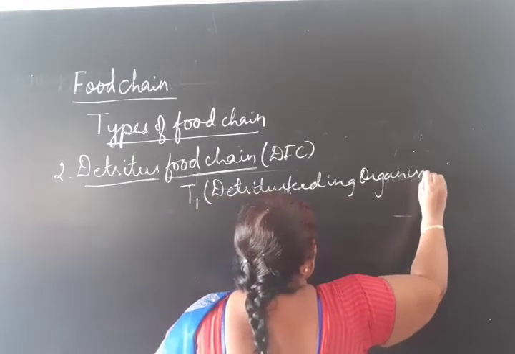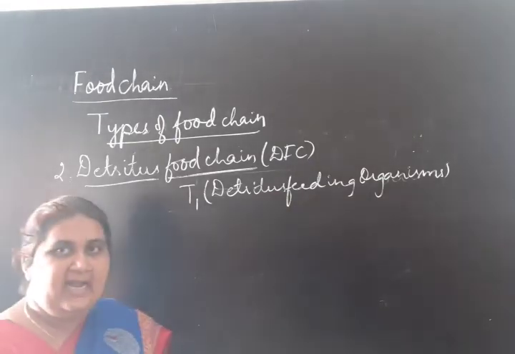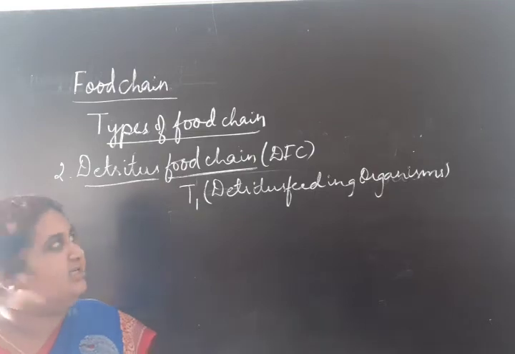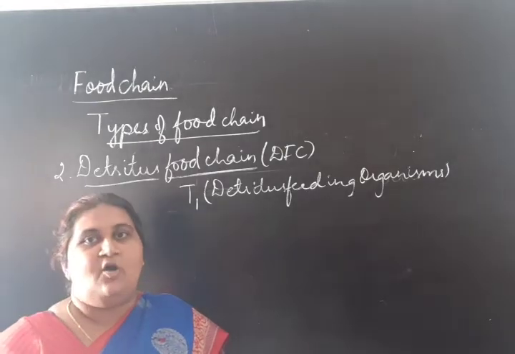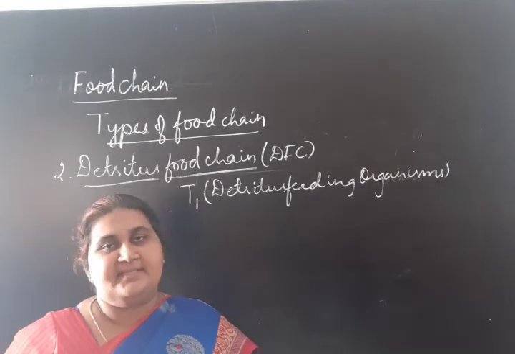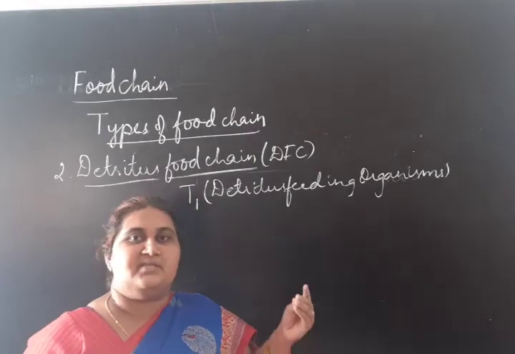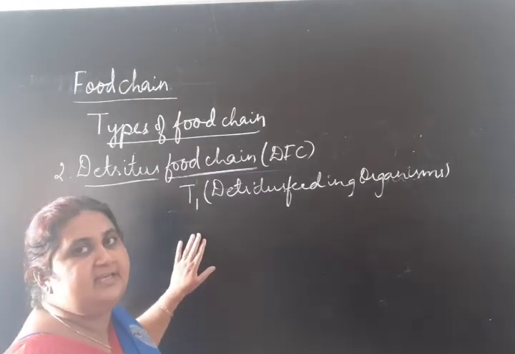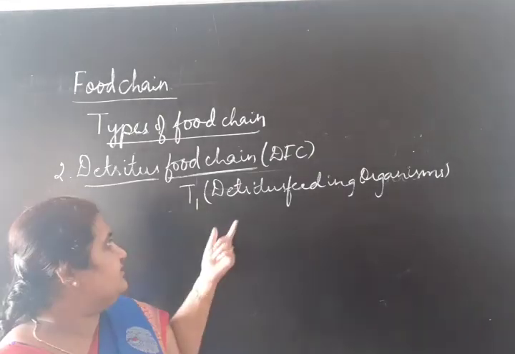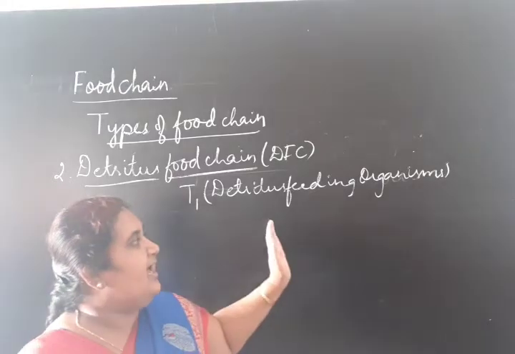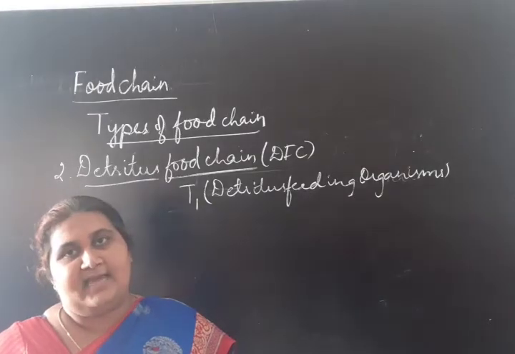It might be decomposers or detritivores. Another characteristic feature of this food chain is that it is dependent on the energy obtained from the detritus. The grazing food chain gets its energy from the sun, and this food chain obtains its energy from the detritus. Energy transfer starts from detritus to the detritus feeding organisms, and detritus feeding organisms are in turn eaten by other groups of organisms.